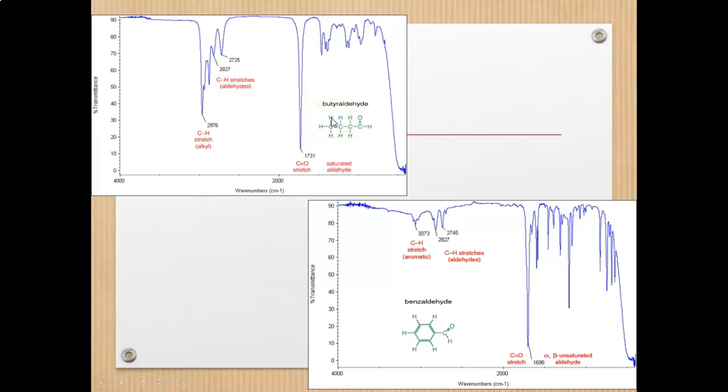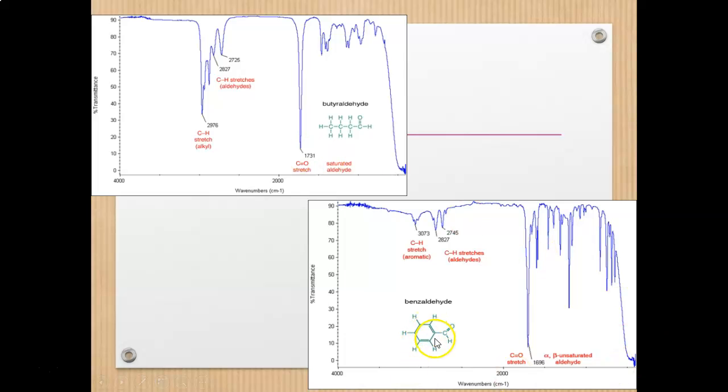Awak kena tengok balik table appendix. And then kalau dalam table tu dia bagi region sekian-sekian, awak cari ada tak region yang number warna hitam ni kan. So it has one CH here, right here. And then CC pula, mana CC dia, ada tak CC kan. And then cari C double bond O. Okay, C double bond O sangat obvious kat sini, nampak peak dia kan. Macam tu je, senang je.